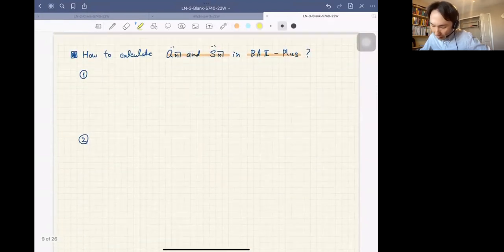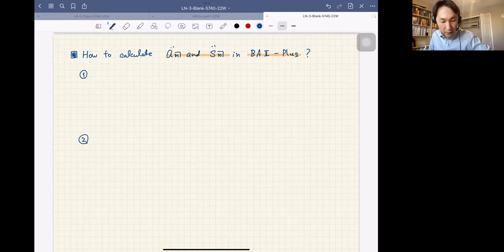How to calculate A double dot and S double dot n in BA II Plus? I think there is a function to shift every cash flow by 1 year. But if you change the mode, you have to go back to the original mode. I think that it's not recommended, at least for the exam, because you have to be aware of which mode you are using, and that makes some errors.